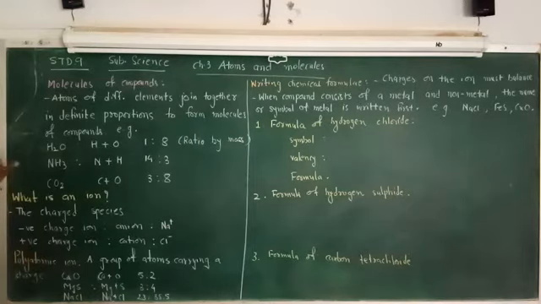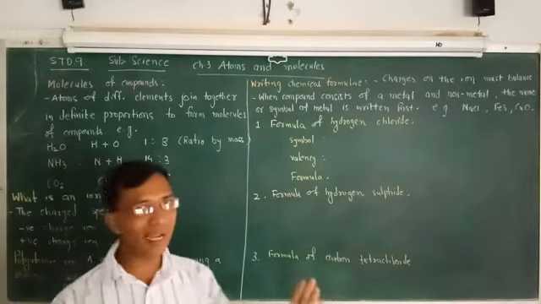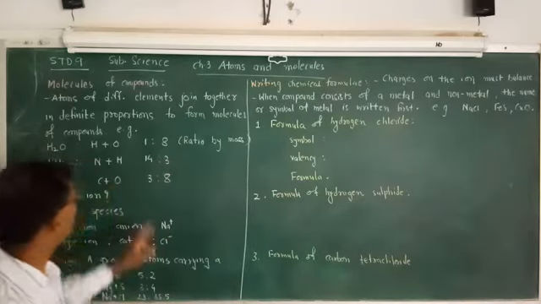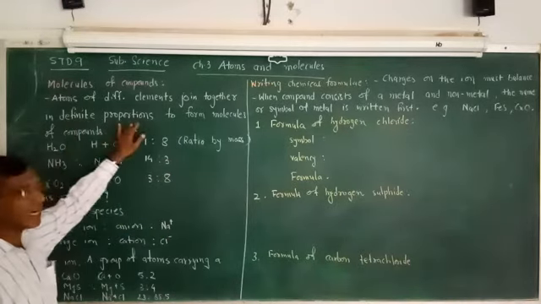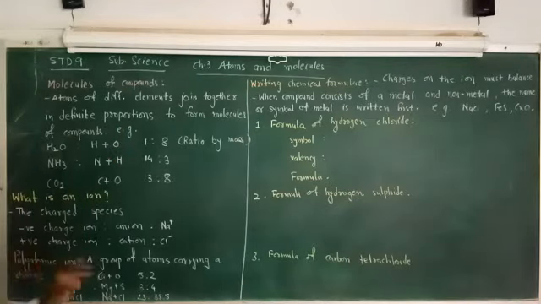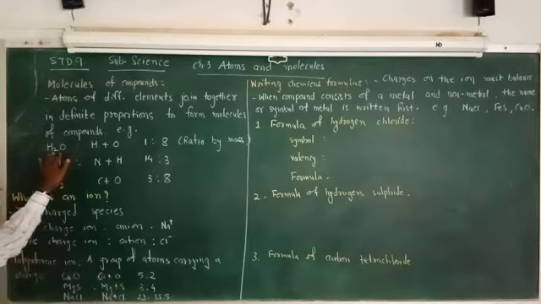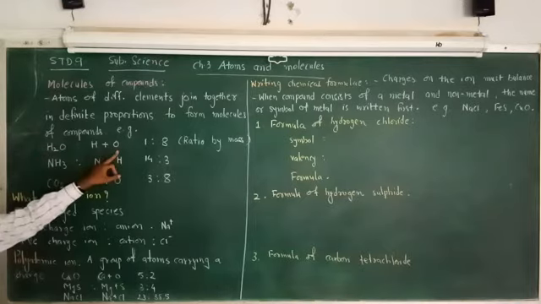Atoms of different elements, like H2O, the water molecule, hydrogen and oxygen, join together in definite proportion to form molecules of a compound. Example, the water molecule. The water compound is H2O. It is made from hydrogen and oxygen.